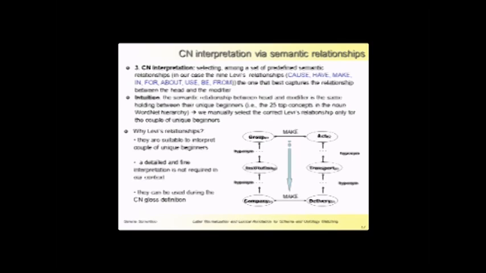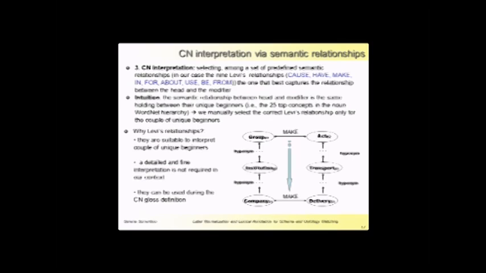Our intuition is that the semantic relationship that is holding between a head and its modifier is the same that is holding between their top concepts in the WordNet hierarchy. These top concepts are the 25 unique beginners defined by the creator of WordNet, and if we start by manually selecting the correct relationship for the couples of unique beginners, we can automatically infer the interpretation for all the other compound nouns.